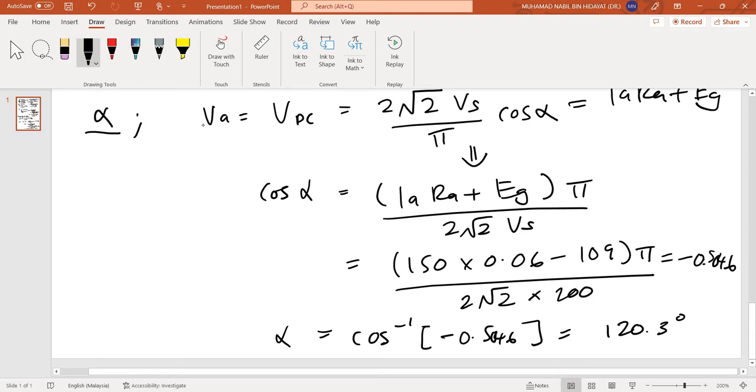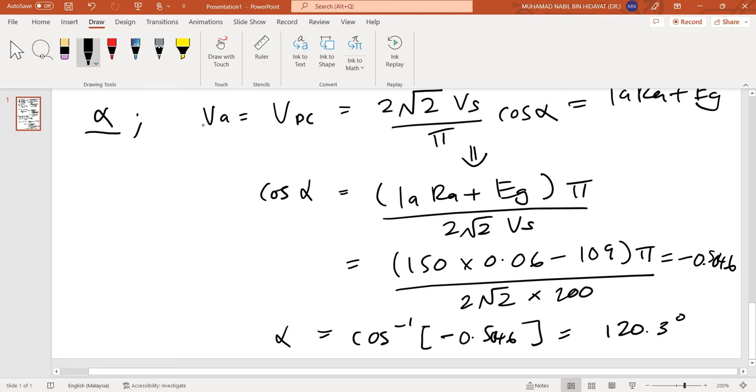If you remember yesterday in our lecture, in the 4-quadrant drive, the torque to speed diagram shows that the speed value is negative, minus 500 rpm, which means it is in the regenerative braking region.